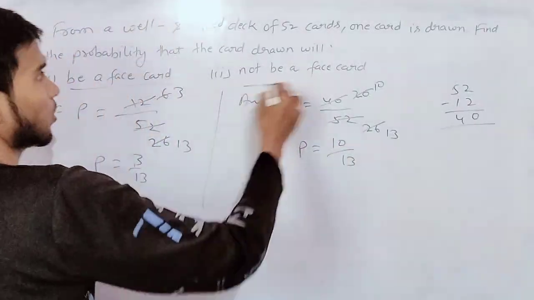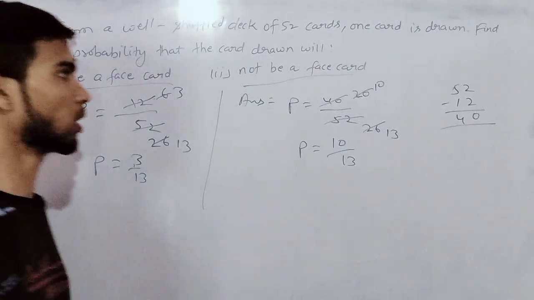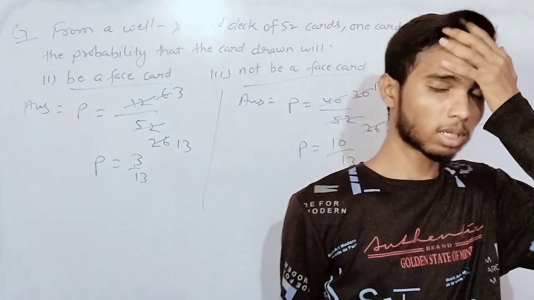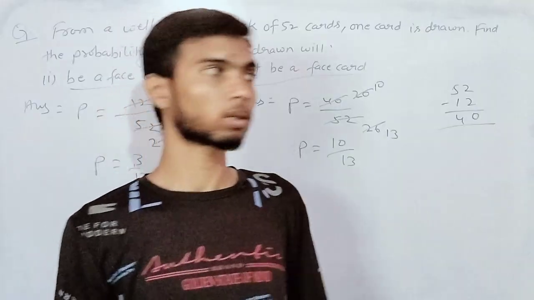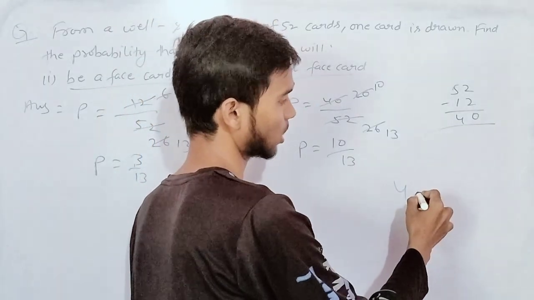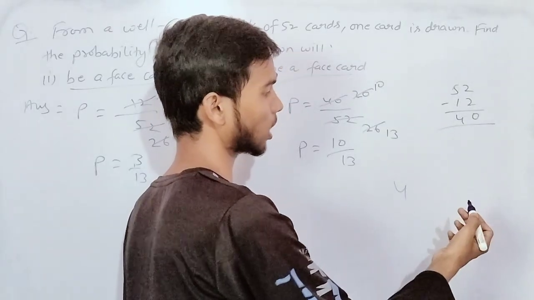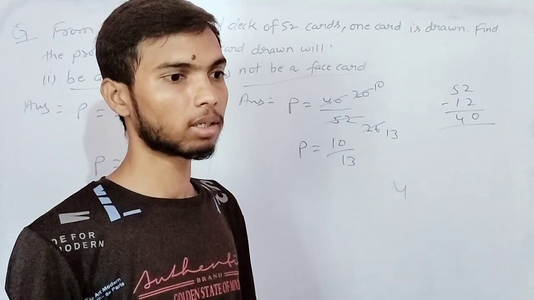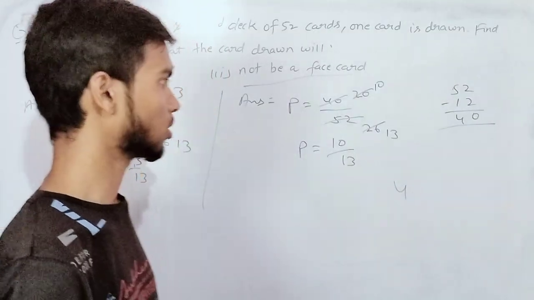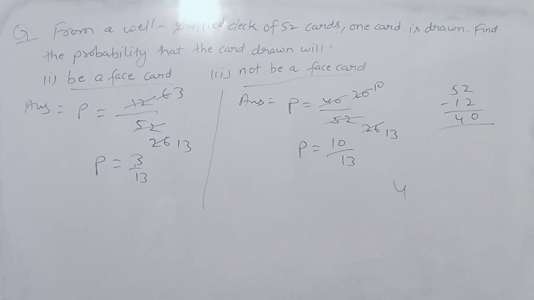This is the probability of this. Clear? So remember, 26 are black cards in 52 cards and 26 are red cards in 52 cards, and there are 12 face cards. Without face cards there are 40 cards in 52 cards.